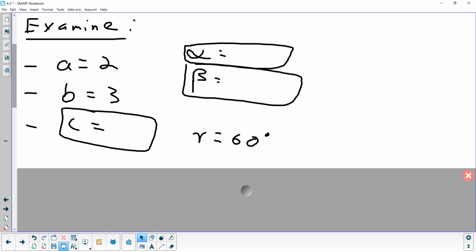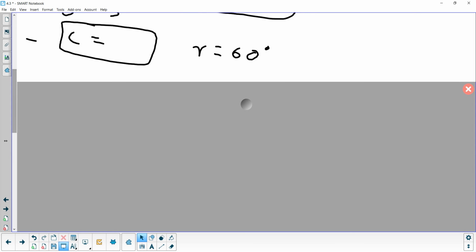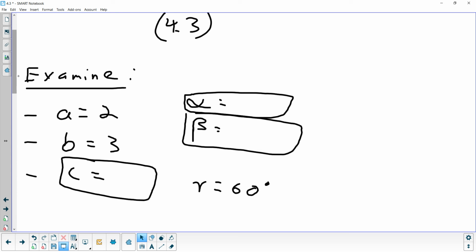Same problem. You're missing beta, and you're missing C. Can't do it. The only other thing you could try is the first row and the last row. No. In the first row you're missing alpha, and in the last row you're missing C. So no matter which 2 rows you pick, you always have 2 variables in your proportion. That's not going to work with law of sines. Maybe we'll come back and solve that one after.